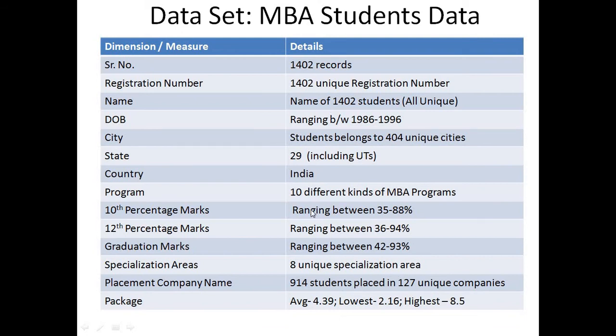Out of 1402 students, 904 students are placed in 127 unique companies with an average package of 4.39, the lowest package is 2.16 and the highest goes to 8.5. I also have provided the percentage marks of 10th, 12th and graduation of the students.